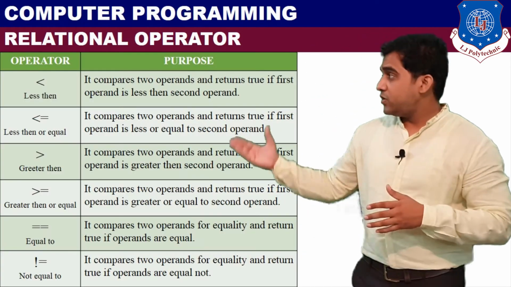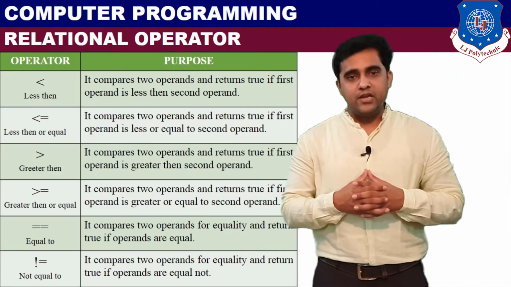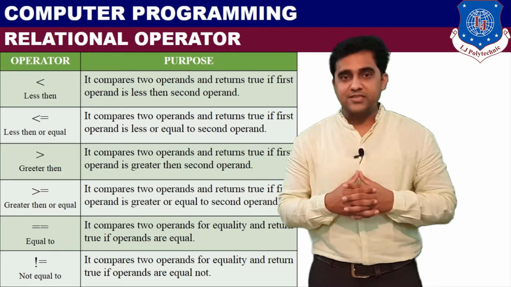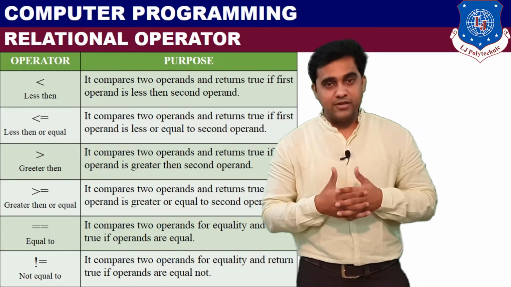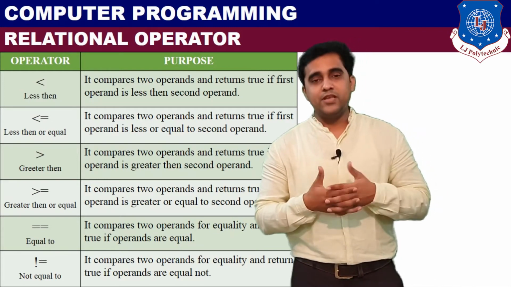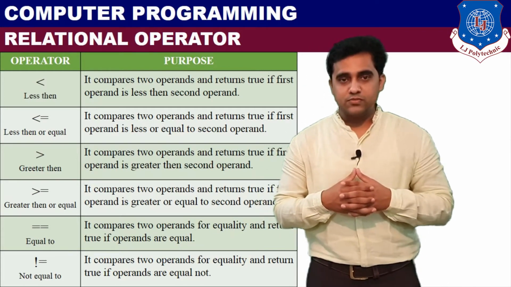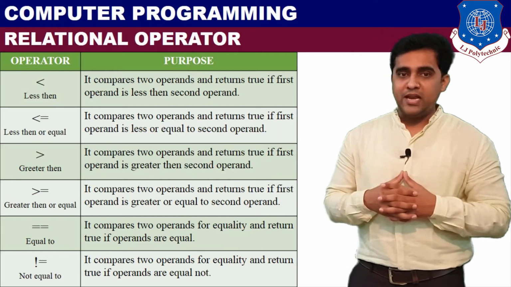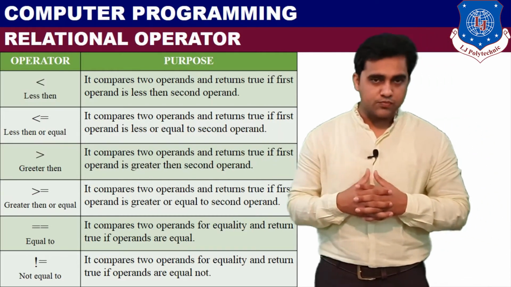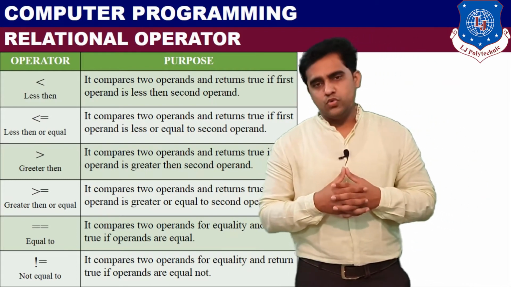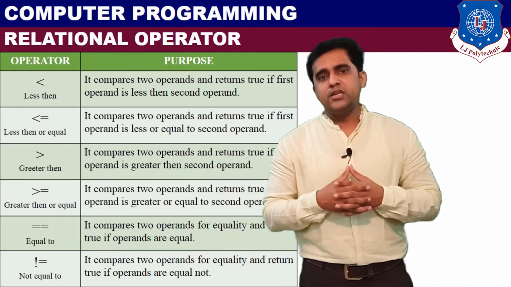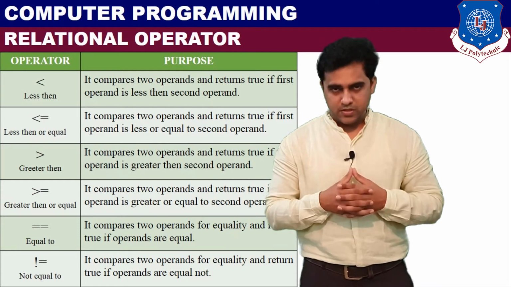So you can see there are a total of 6 operators in relational operators. First is less than, second is less than or equal to, next is greater than, then greater than or equal to, and last not equal to. These operators are used majorly in decision making statements.